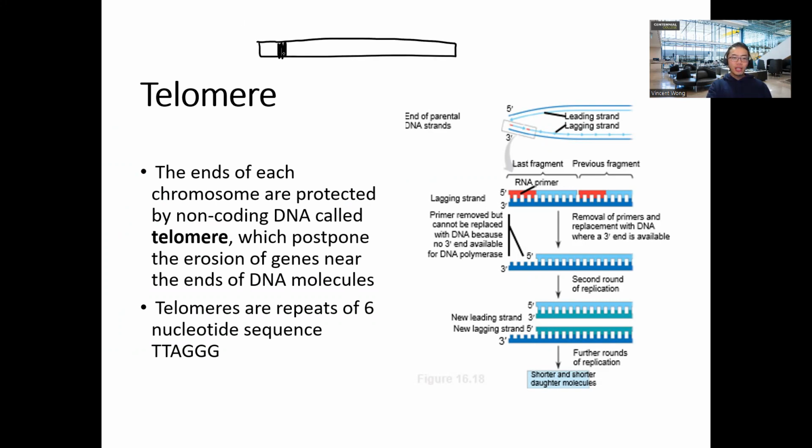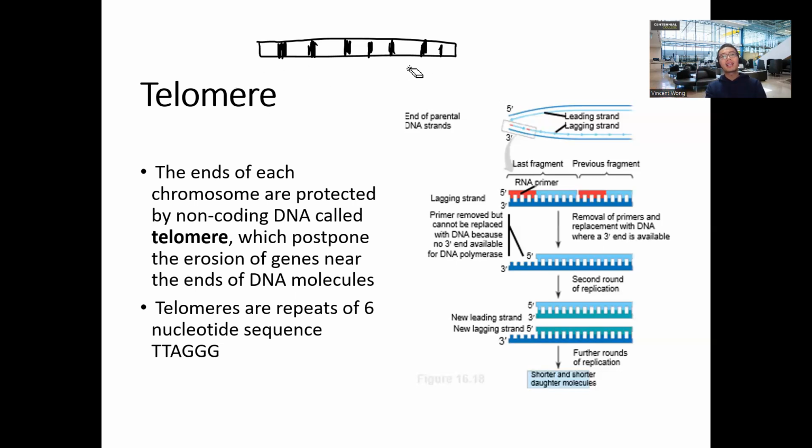You might have genes here, maybe gene 1, gene 2 here, gene 3, and so on and so forth. You might have a lot of genes. So if you keep on shortening your DNA, eventually you're going to lose some of your genes, right? Genes are a segment of DNA that encodes for proteins. And if we damage those genes, we're not going to be able to make the proteins that they code for, and that could be bad news.